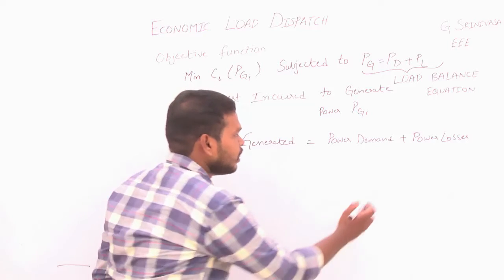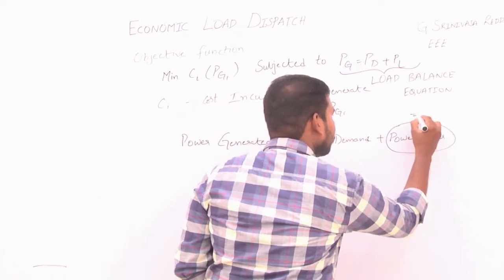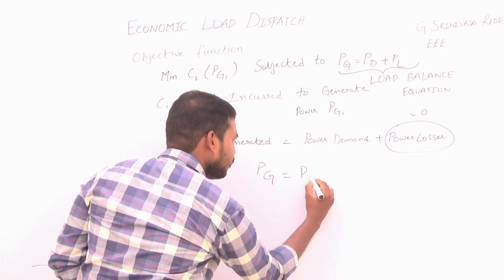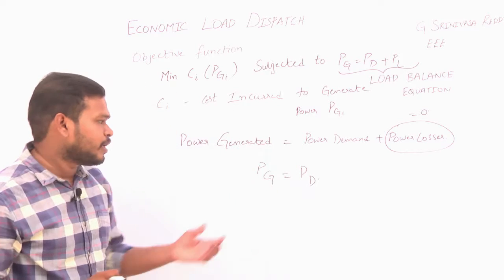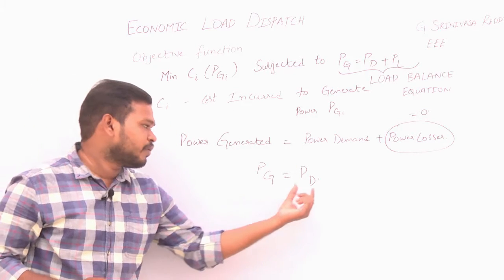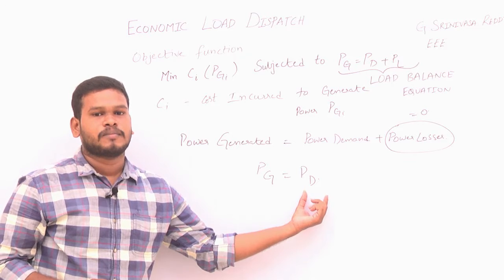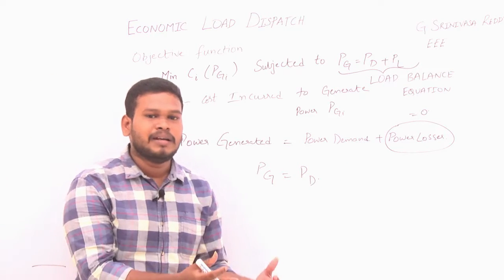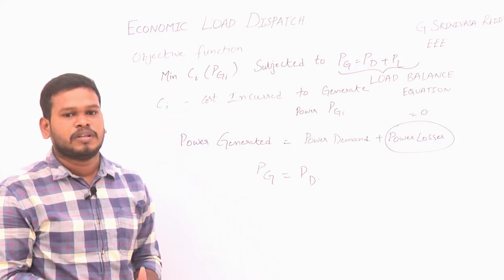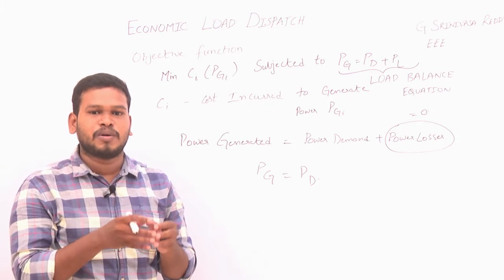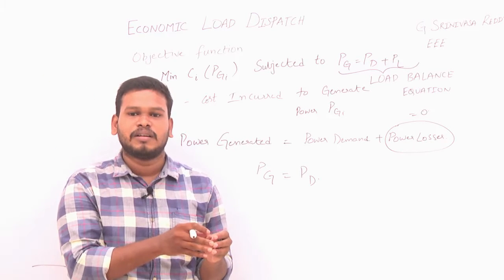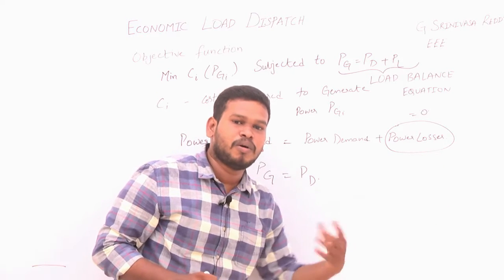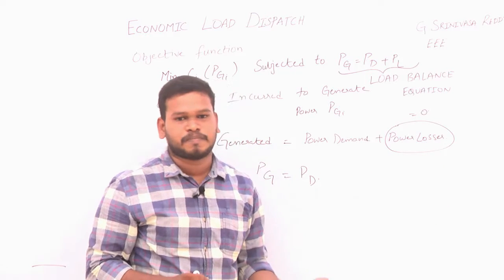So if losses are 0, then Pg is equal to Pd. Whatever power is generated is equal to the power demand. The losses will be 0 if the load is at the generating station itself, near to the generating station, since there is no transmission system.